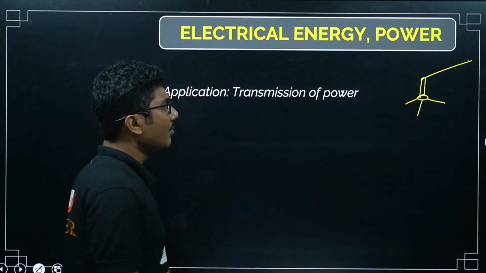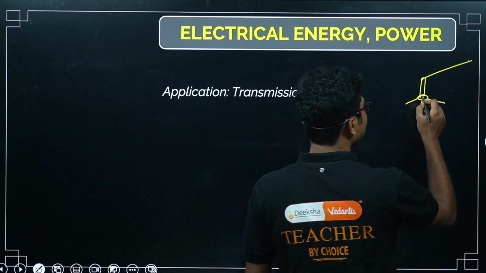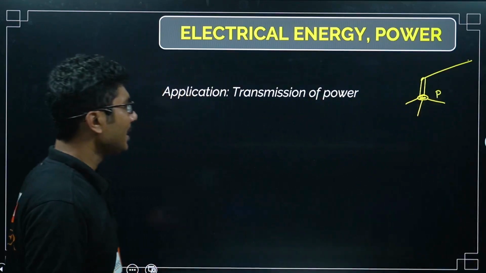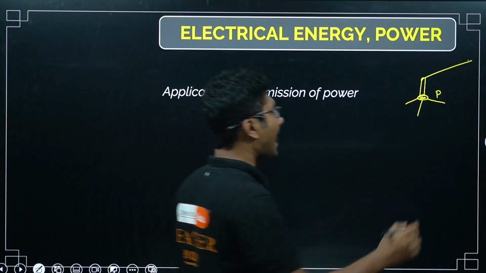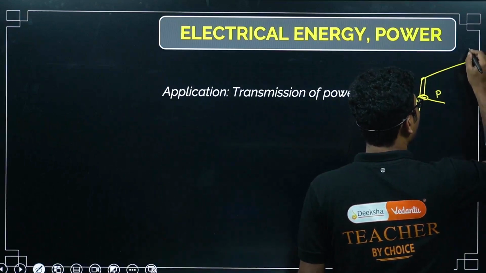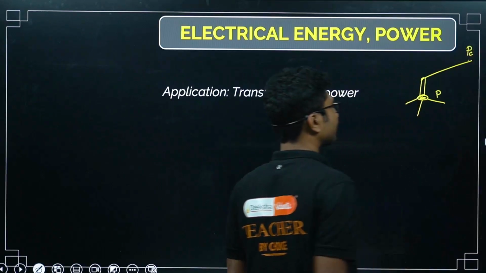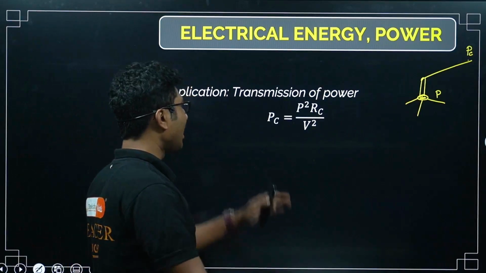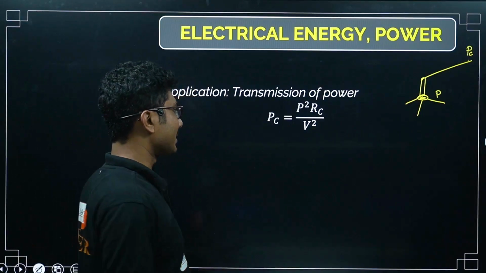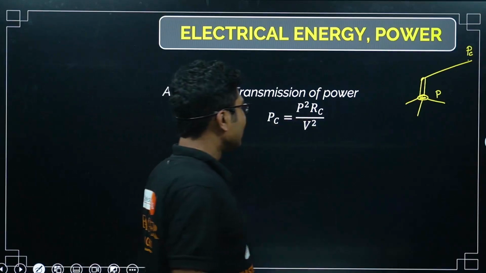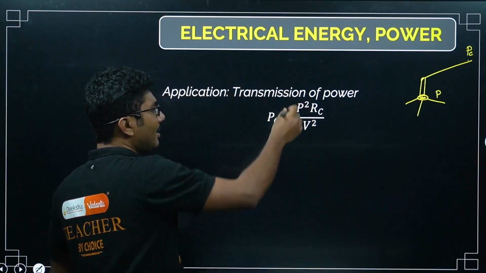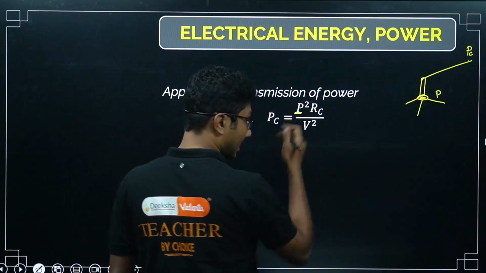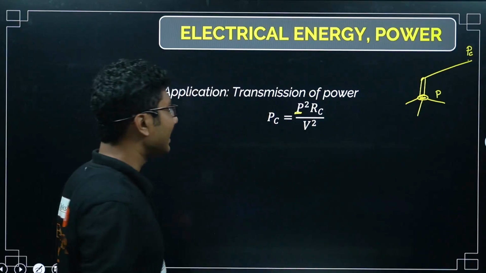Now your fan is consuming, say, a power P, and the power station is supplying a power, say, PC. This is the relationship between the power supplied by the power station and the power consumed by your home, our household devices, the fan in this case.